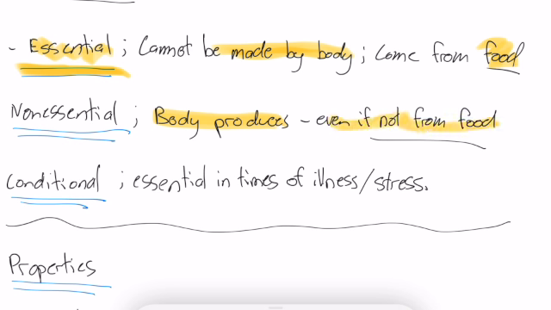Finally, we have the conditional amino acids, which are essential, meaning that they do need to come from food in times of illness and stress, so not necessarily all the time, more so just during specific times when they will be required in that essential sense.